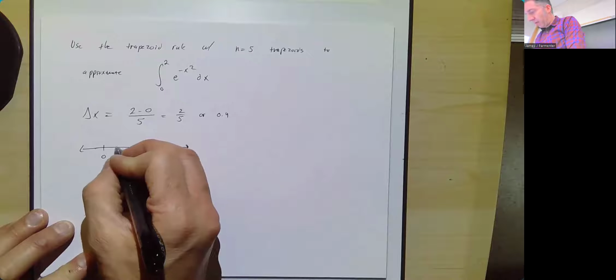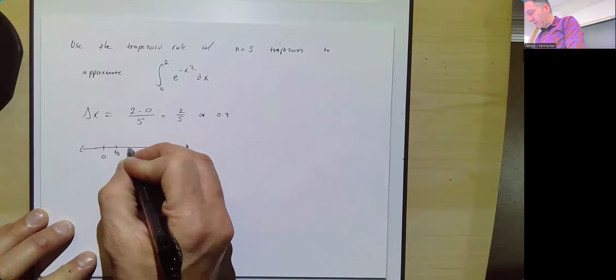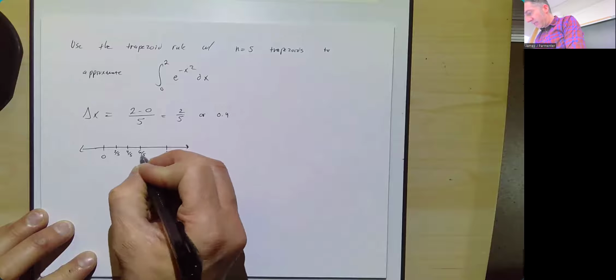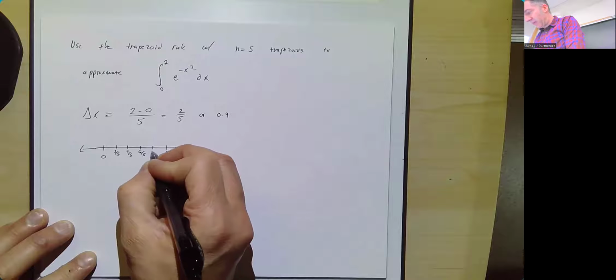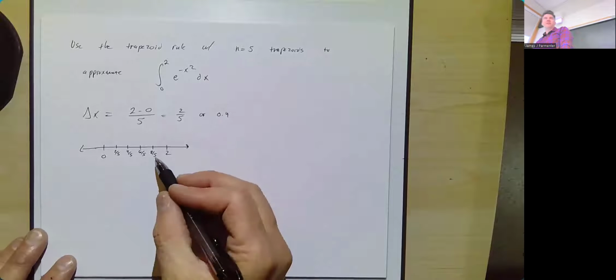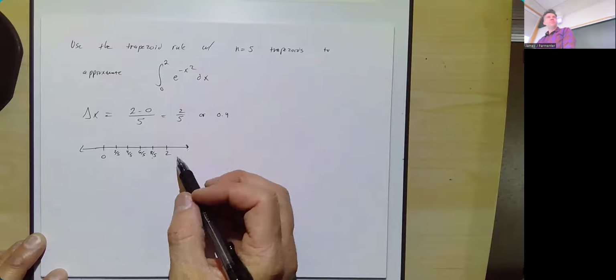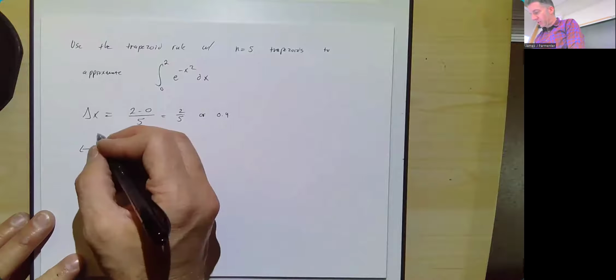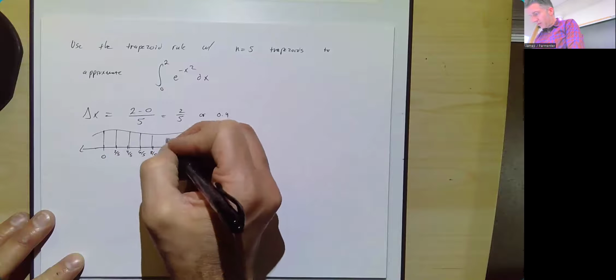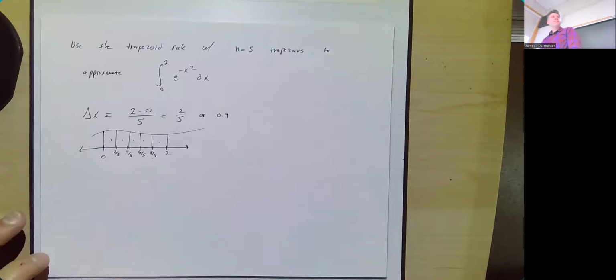So I know I'm going to have 2/5, and then 2/5 plus 2/5 is 4/5. 4/5 plus 2/5 is 6/5. 6/5 plus 2/5 is 8/5. I should have picked a different fraction because I'm not great at saying fifths. And then 8/5 plus 2/5 is 10/5, which is 2. So here are my 5 little sections: 1, 2, 3, 4, 5.